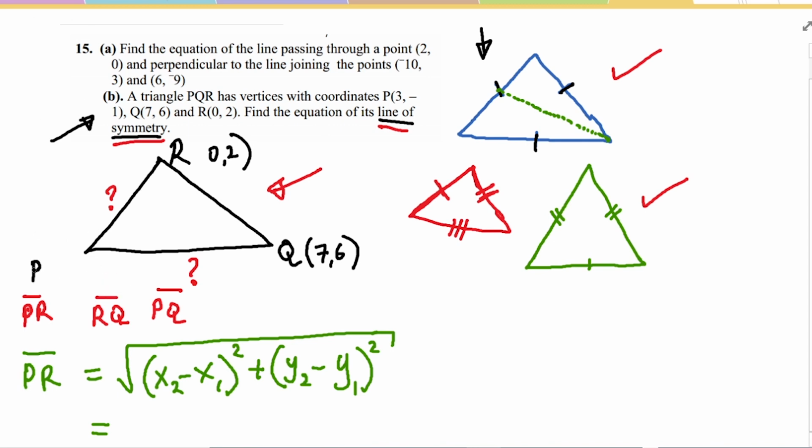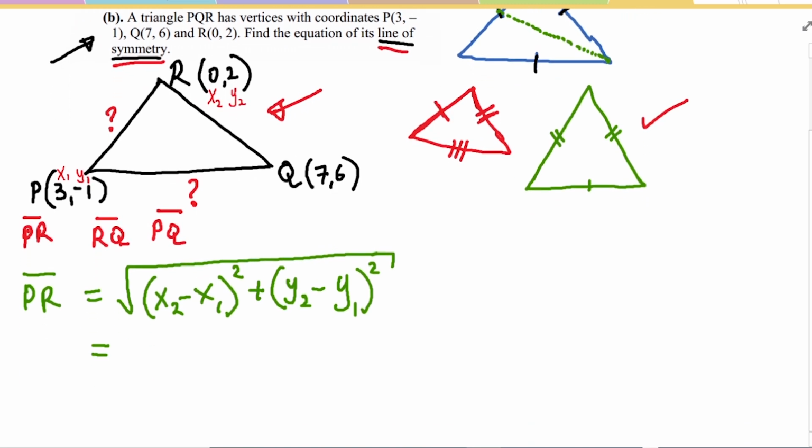So this is P (3, -1), and then we have r, which is (0, 2). Let this become our x1, y1, and this is our x2, y2.